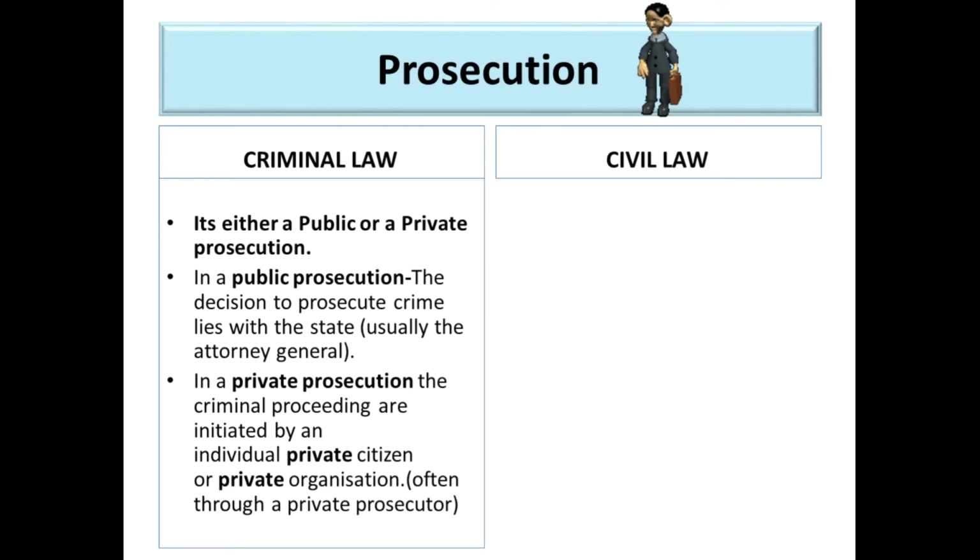A private prosecutor is a private individual or entity who or which is not acting on behalf of the police or other prosecuting authority. The private prosecutor will work on the case instead of a public prosecutor who represents the state. So in public prosecution, a state attorney is involved. Then in private prosecution, a private citizen or a private entity is involved in the prosecution.